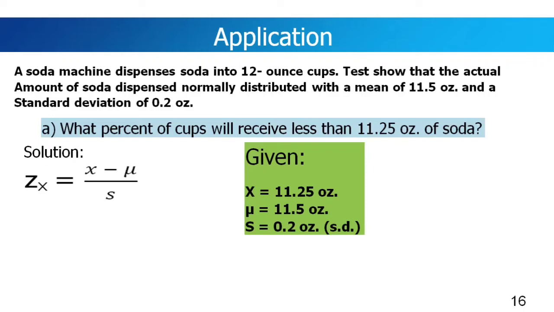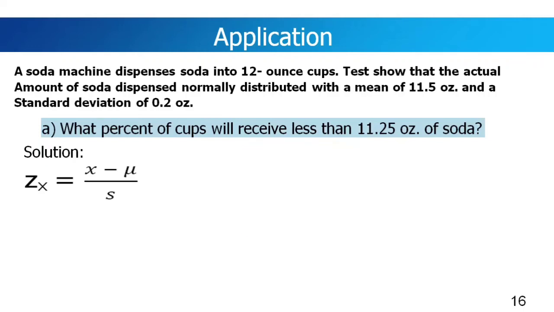We're going to substitute these values into our formula. So that would be equal to 11.25 minus 11.5 all over 0.2, and that is equal to negative 1.25.